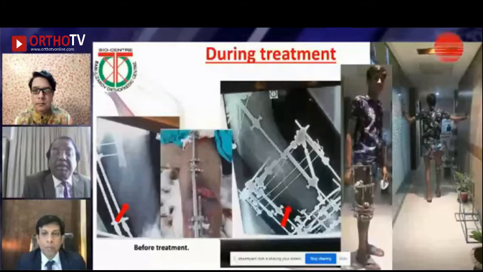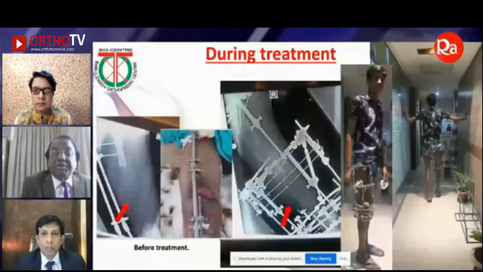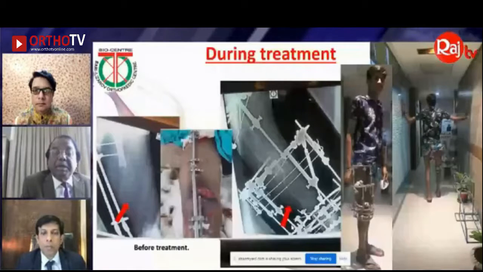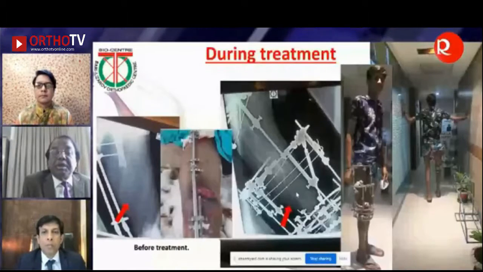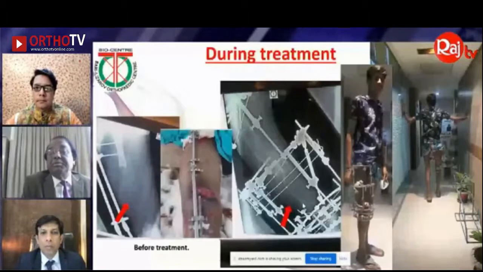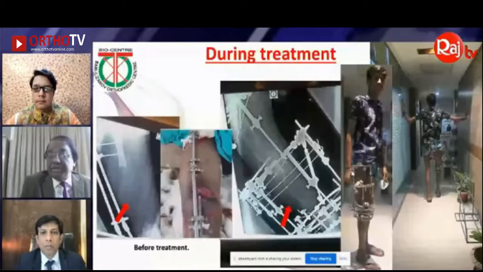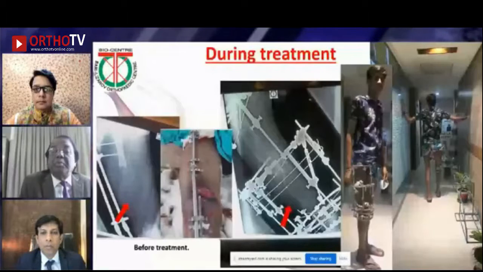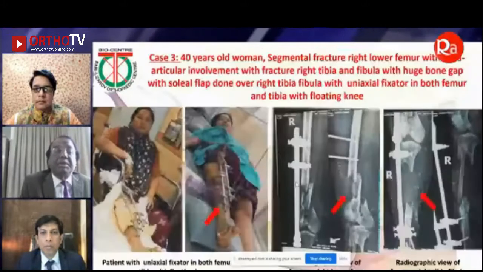I waited for healing of this. Now I'll go for transportation from the lower part. And this is a very thin part of the bone. So it will come up, then I'll see what is going to happen. Now patient is happy. See, ipsilateral, very dangerous, big gap, trauma in the femur and the lower tibia.